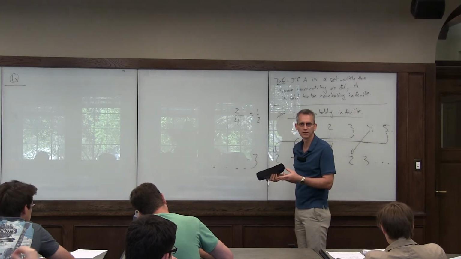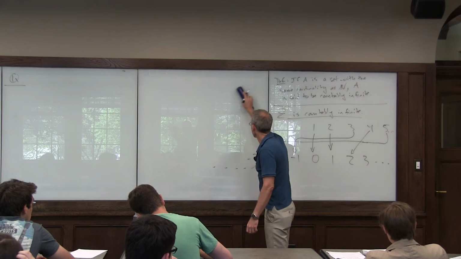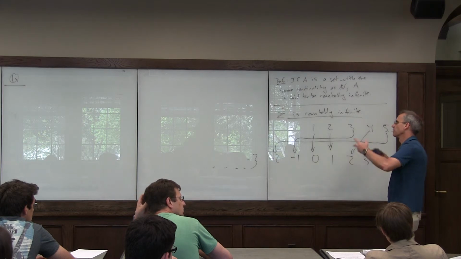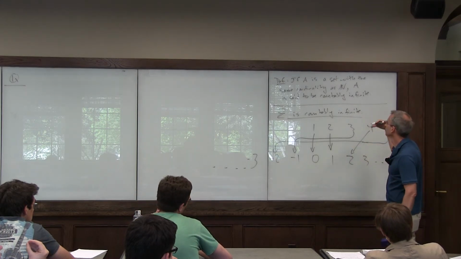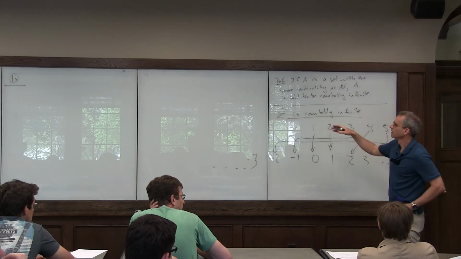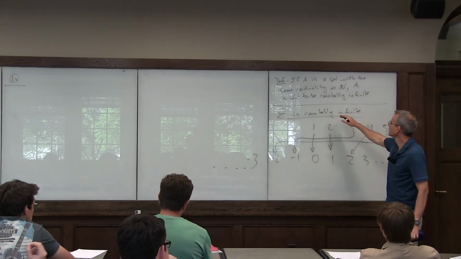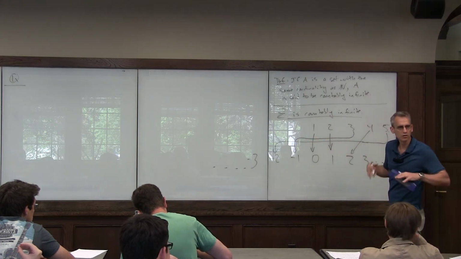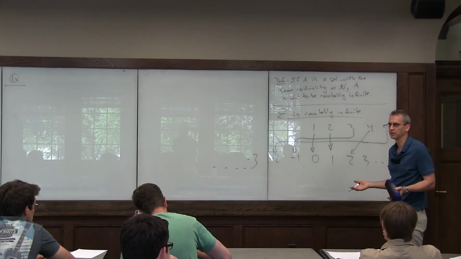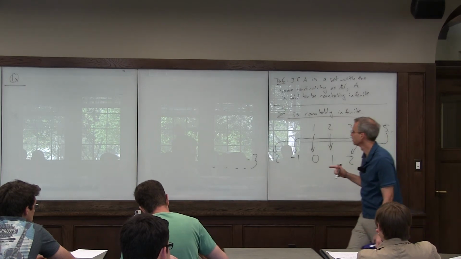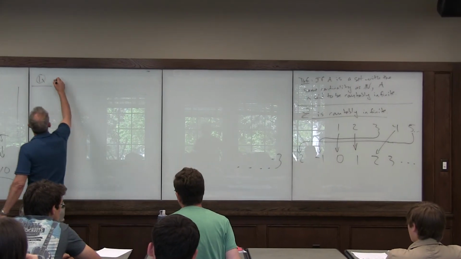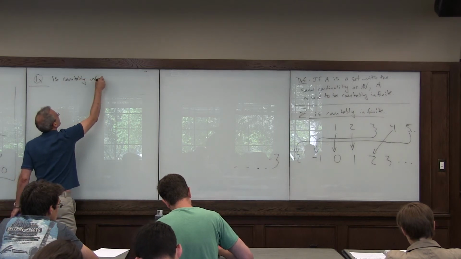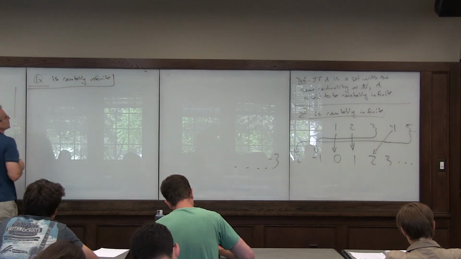One way to handle this is that there are various theorems: if you're a subset of a countably infinite set, then you're countably infinite or finite, and there's also a theorem that says if you take a countable set of sets, and they're all countable, then the union of all those is countably infinite. So it's a little bit harder to show for Q, but it is countably infinite. And again, you can see the proof of this in the text if you're interested.